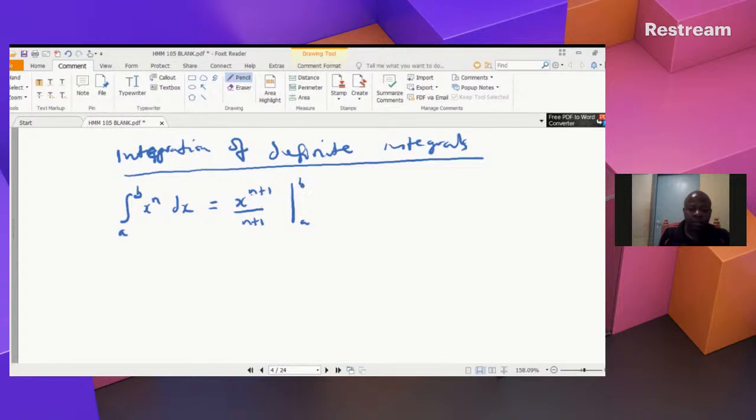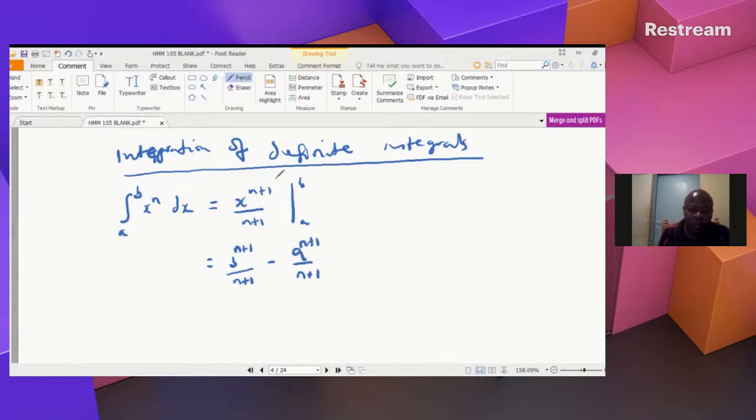So now where there is x, substitute b, then minus, when you substitute a. So this will be b raised to n plus 1 out of n plus 1 minus a raised to n plus 1 out of n plus 1.